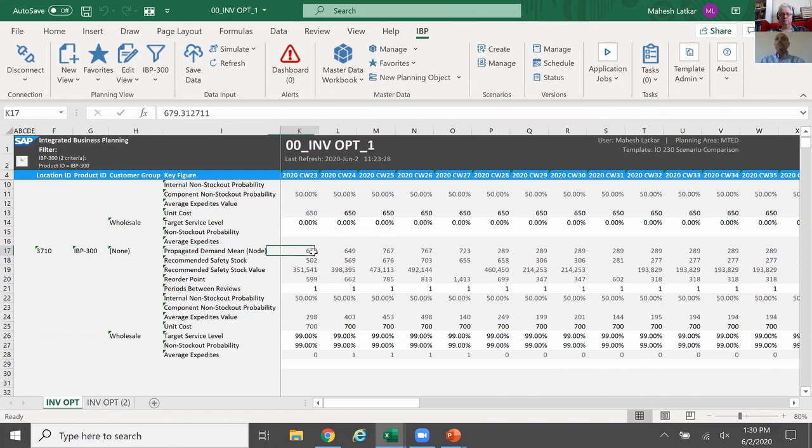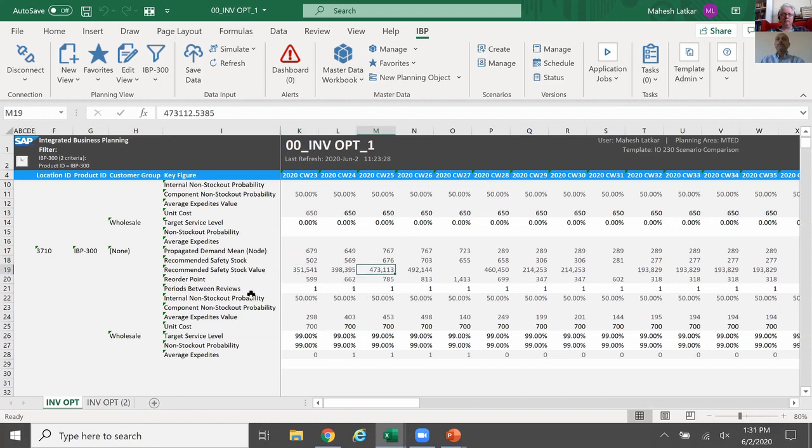So once you receive the demand from the customer group, it gets propagated at the DC, distribution center. You can see those quantities here in the propagated demand key figure. Once you receive this, based on this demand and target service levels, it recommends safety stock: how much safety stock you have to carry at the customer-facing location for this product.